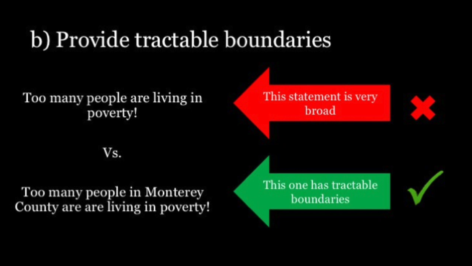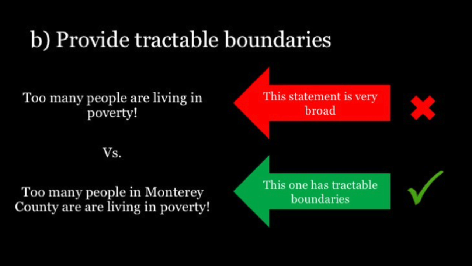Now, for example, if your problem statement is too many people are living in poverty, well, that could be the city, that could be the county, that could be the state, that could be the country, that could be the continent, that could be the world, or the universe for that matter.